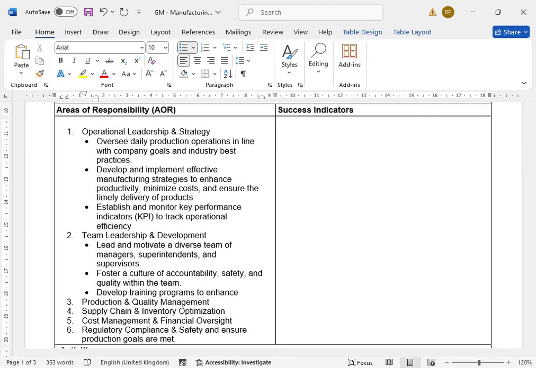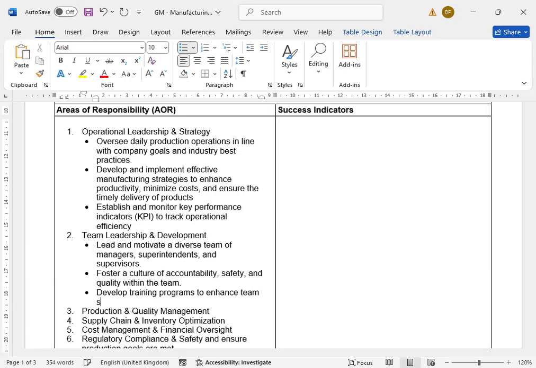Competency is comprised of knowledge, skills, and attitude, KSA. To enhance team skills and promote career growth.